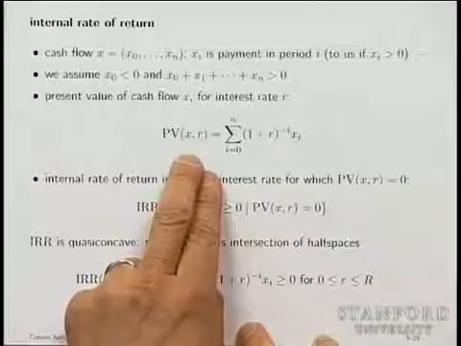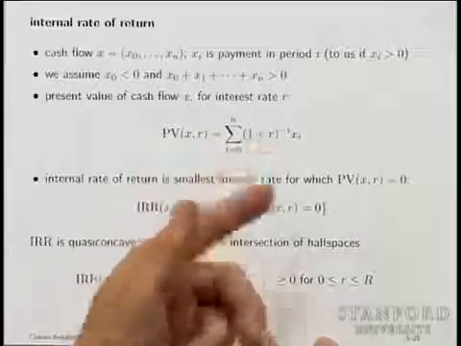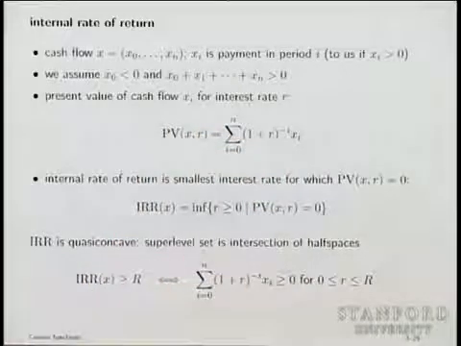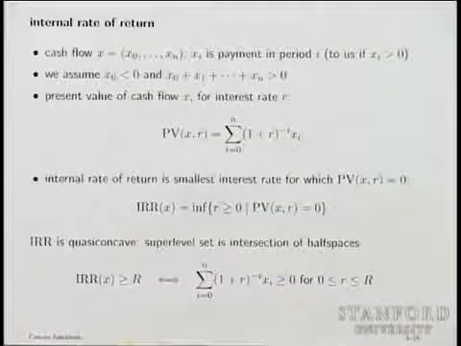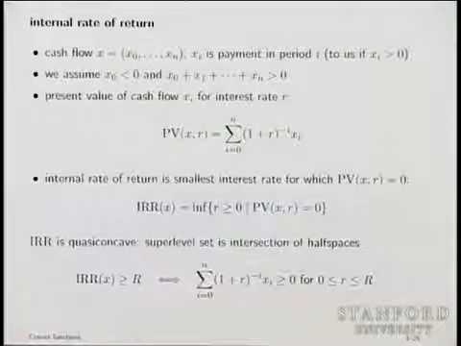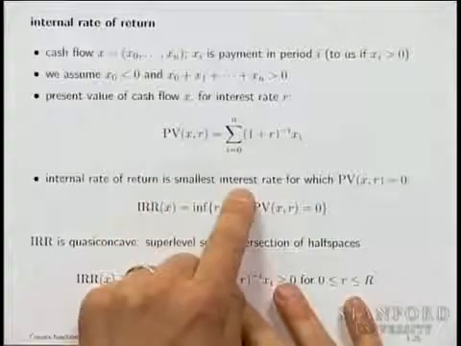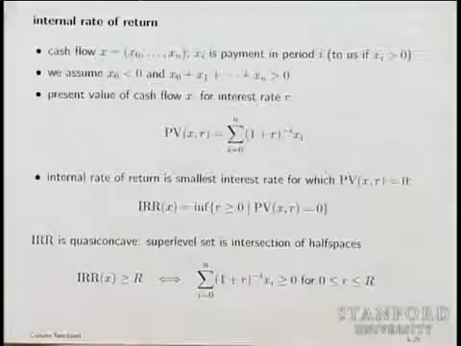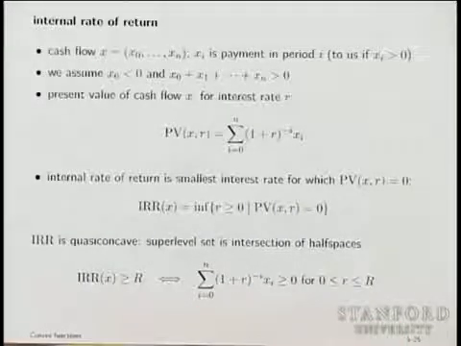Somewhere in middle school you would learn that a function like that could have many values of r for which it is 0. But this apparently hasn't stopped people from defining it as the one. So the correct definition is that it's the smallest interest rate which makes the present value 0. That's the definition of the internal rate of return.